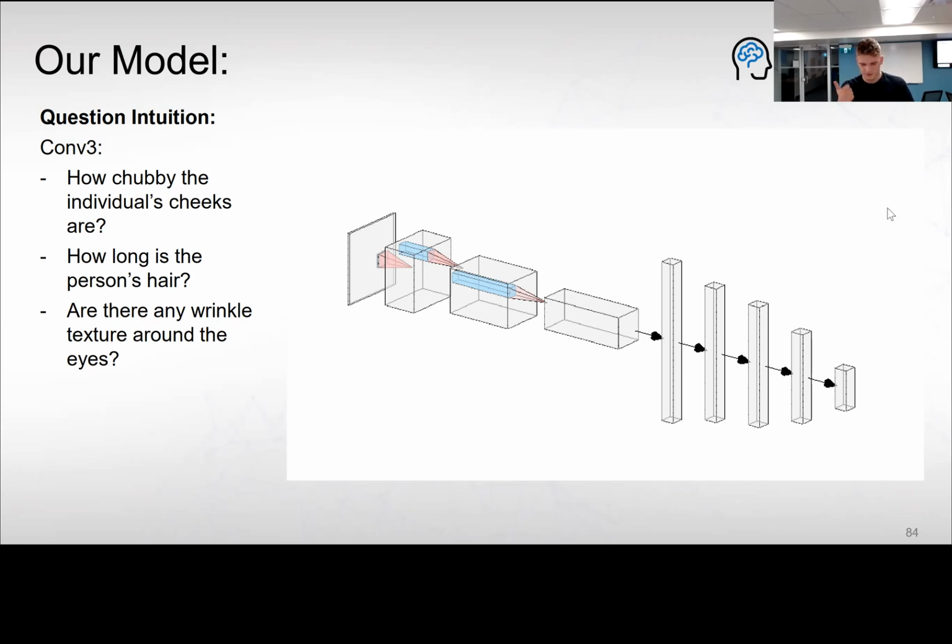If your linear component is being fed answers like, this individual has chubby cheeks, no hair, he's bald, and has no wrinkles, that's probably a baby. That's most likely a baby. If it has a lot of wrinkles around the eyes, you're probably dealing with an 85-year-old or an 86-year-old or someone quite old.